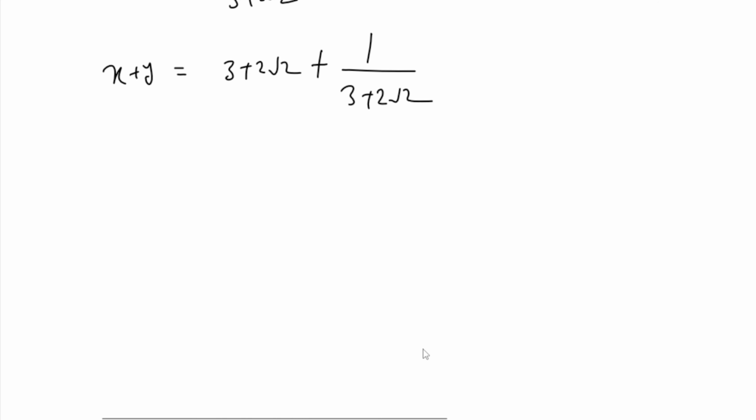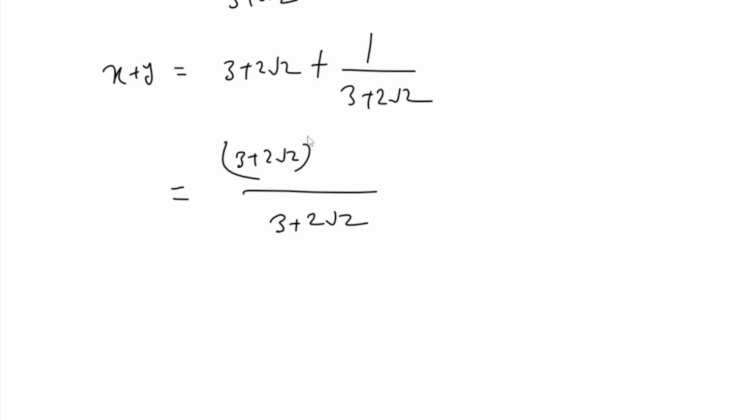Okay, now if we solve it, we will have 3 plus 2 root 2 as the denominator, and the numerator would be (3 plus 2 root 2) whole square plus 1.